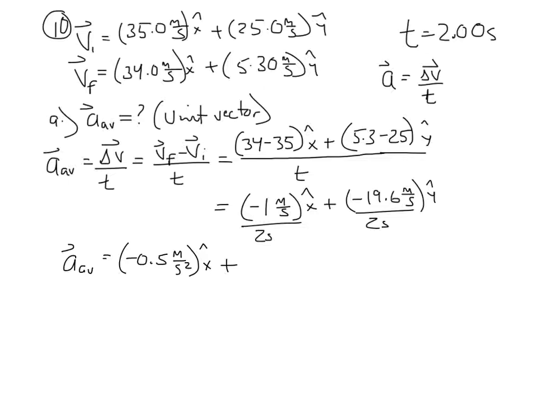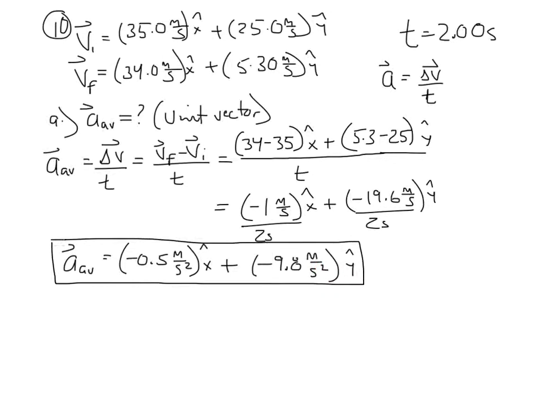And what's -19.6 divided by 2? -9.8 meters per second squared. That sounds familiar. y hat. And that's our acceleration. So it slowed down a little bit in the x direction. It slowed down quite a bit in the y direction, probably because of gravity. But that's our answer for part A. That is our acceleration in unit vector notation.